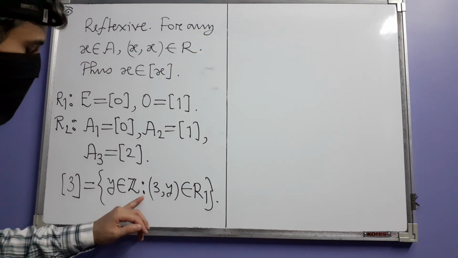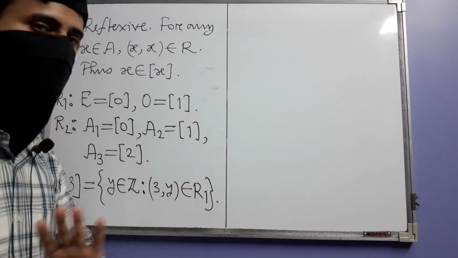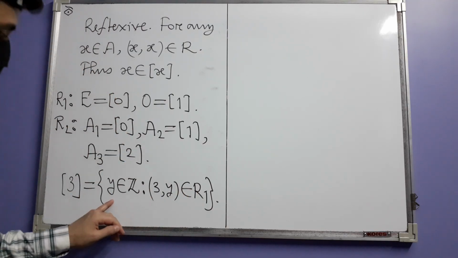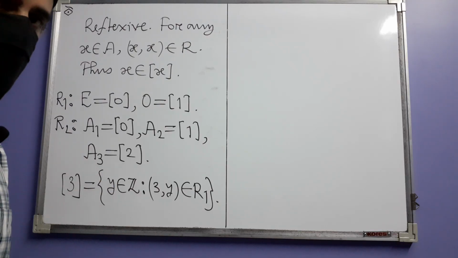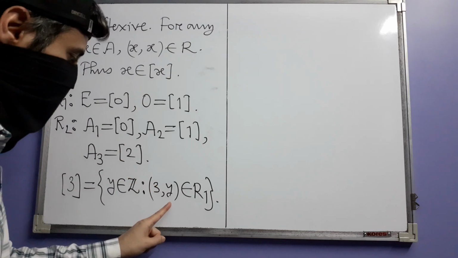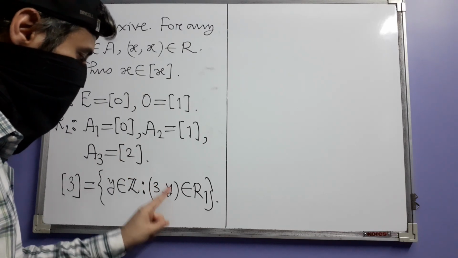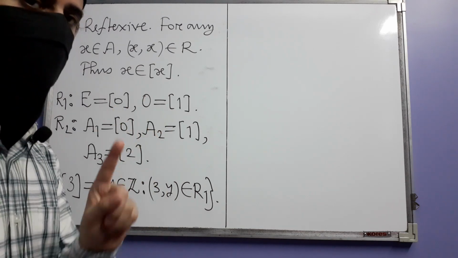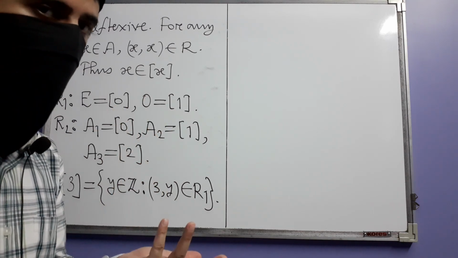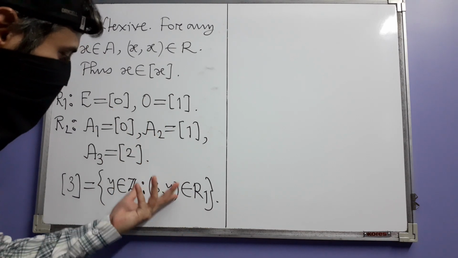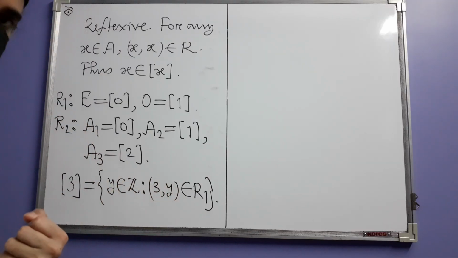So no even integer belongs to this set. What about the odd integers? You take any odd integer and take its difference with 3. That difference is even. That means it's divisible by 2. So that odd integer will be related to 3.